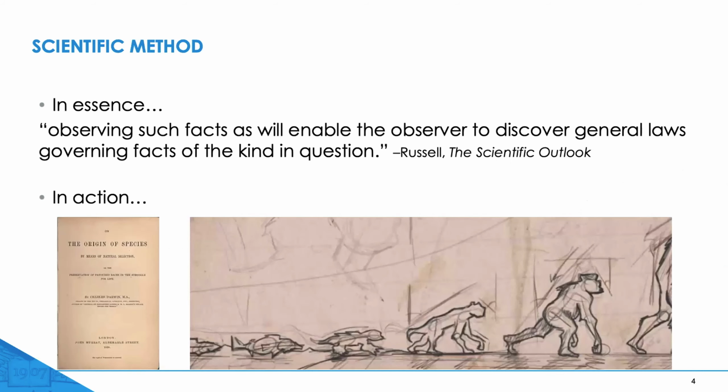And in action, I think the prime example comes from the history behind the theory of evolution. So after years of observation, Charles Darwin discovered this pattern. Despite their diverse forms, all species on Earth share the same origin. And his explanation of this pattern was that it is the natural selection process that accounts for the diversity in all these species.